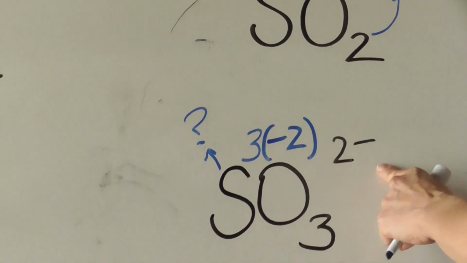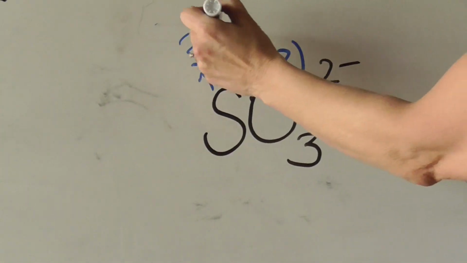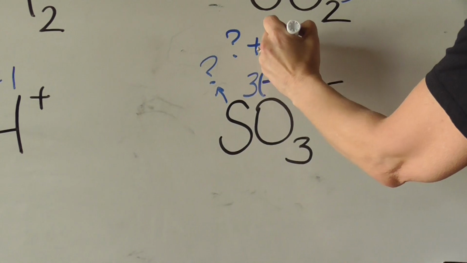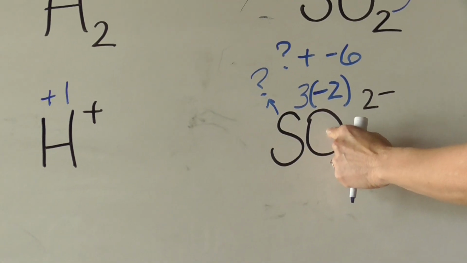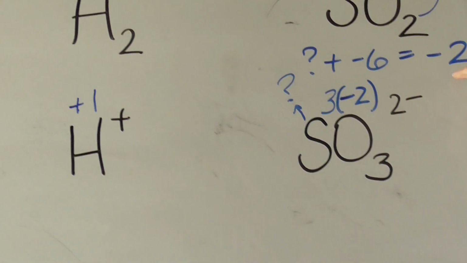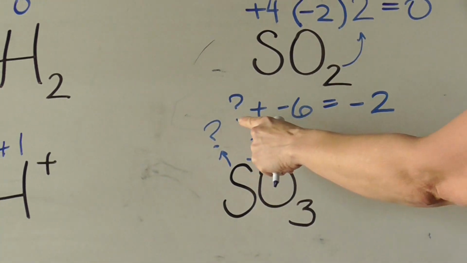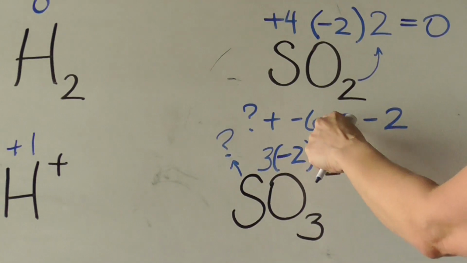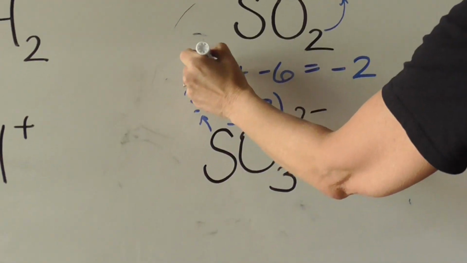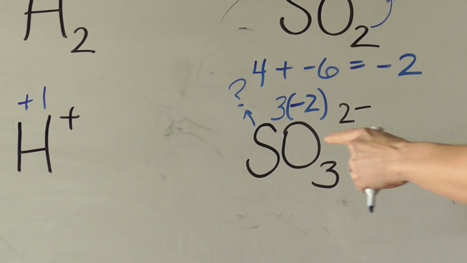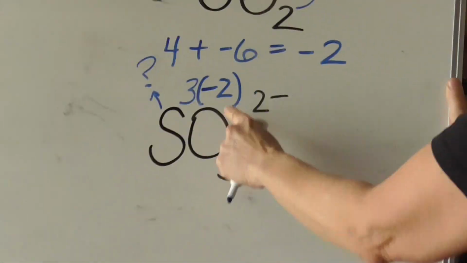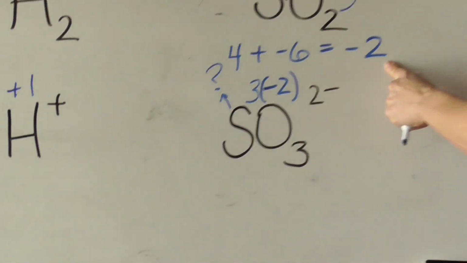But now all of these need to sum up to equal -2. So you have this question mark plus the -6 from the oxygens equaling -2. So what would that sulfur have to be so that when added to -6 it's going to be -2? So that is 4. So that sulfur had to have an oxidation number of 4, so that when you add it with the 3 -2s of the oxygen, you end up with -2.